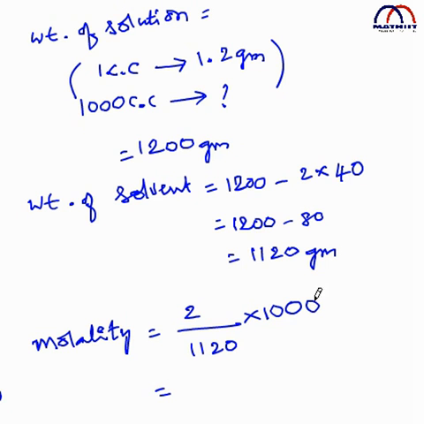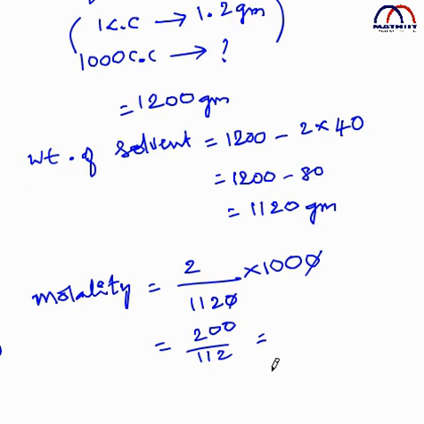This gives 2000 by 1120, which is approximately 1.78, that is about 1.8 molal solution we are getting here. Like this we can get the molality from the molarity.